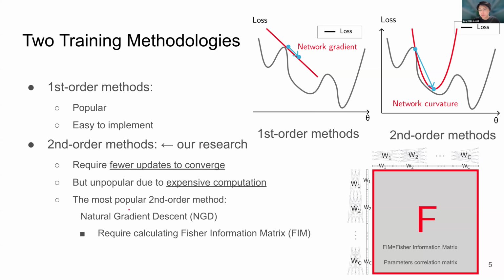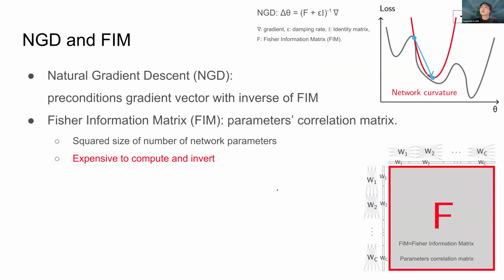The most popular second order training method is natural gradient descent, so-called NGD, which involves the calculation of a matrix called the Fisher information matrix, so-called FIM. I will explain more about NGD and FIM in the next slides. NGD, by definition, preconditions the gradient vector with the inverse of the FIM, the Fisher information matrix, plus an epsilon value. The FIM has a square size of the number of network parameters, so it's very, very huge.